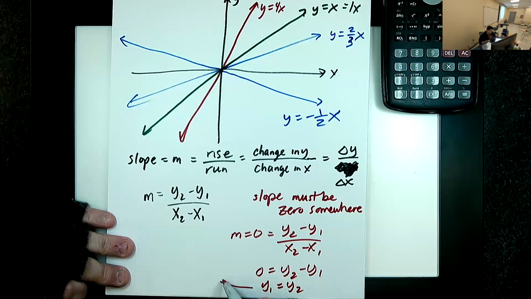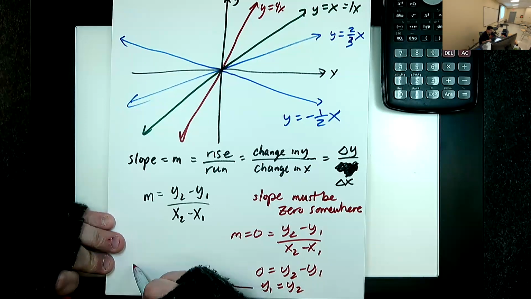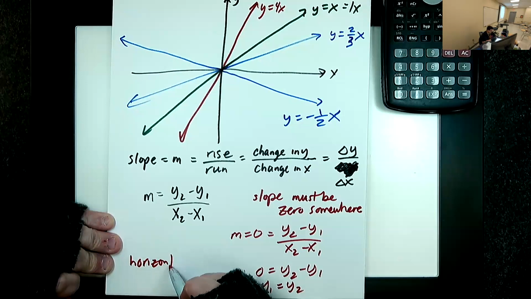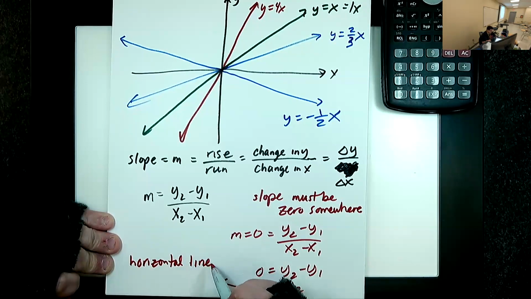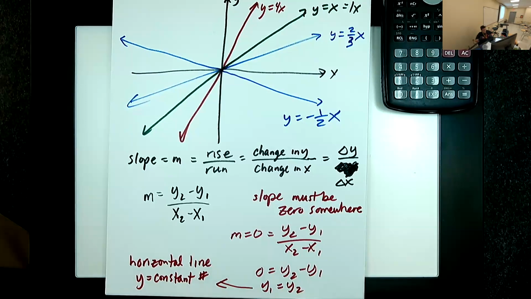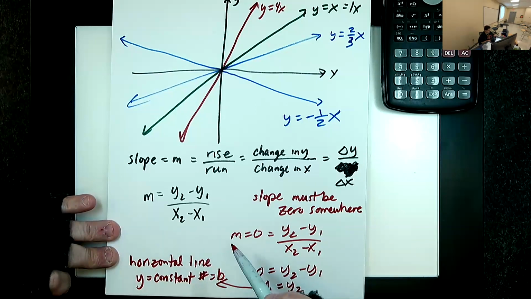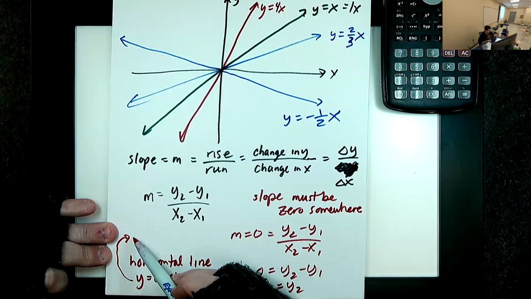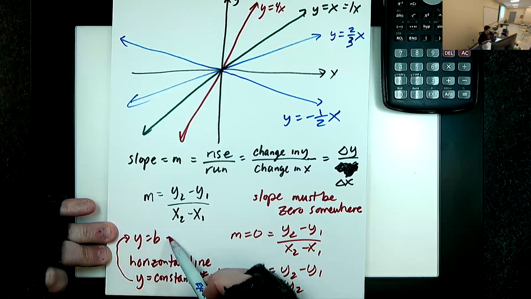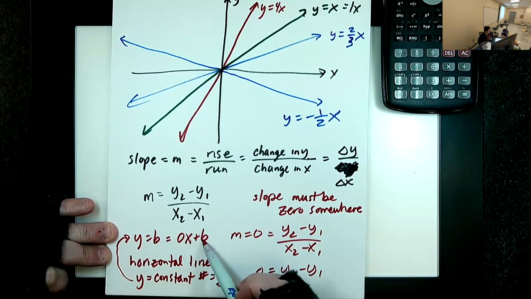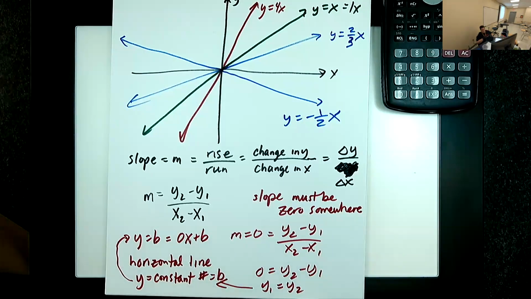If the y values are the same, we have a horizontal line, where y equals some constant, unchanging number. If you call it b, it's called b. Y equals b is the same thing as 0x plus b. So we can see that that slope of 0 does work with that equation we saw before.